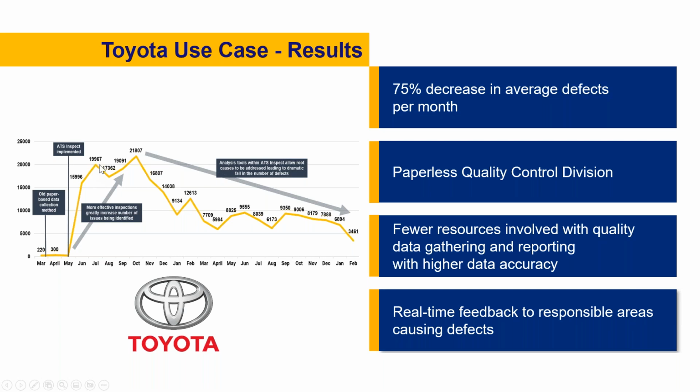And what they've done is they've already started making improvements on the assembly process, on the production process, based on the data in Inspect available in the reports, to reduce the number of defects found. And what we can see from there is that whenever the spike goes up again, it means that they were either adding additional digital inspection stations, or they were increasing the intensity of the inspections.